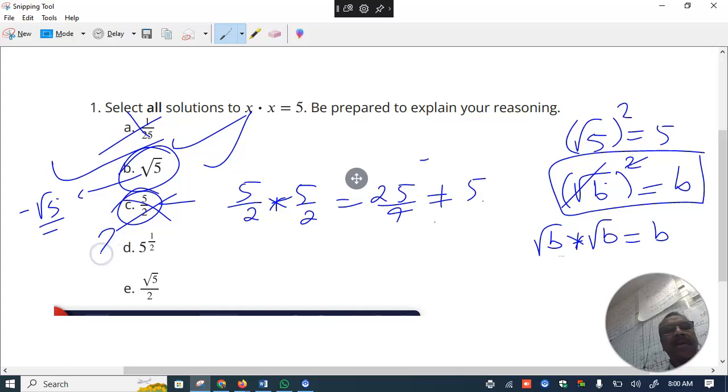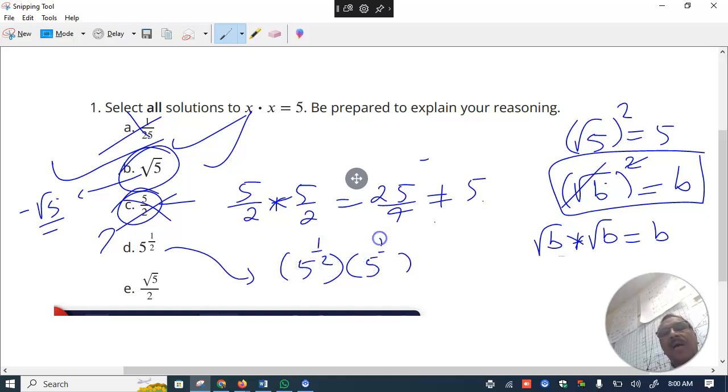What about this one, D? Do you agree with D? Many of you may be asking why this is correct. You can see if I multiply it by itself, it is 5 raised to half times 5 raised to half. What do you use? The laws of exponents.